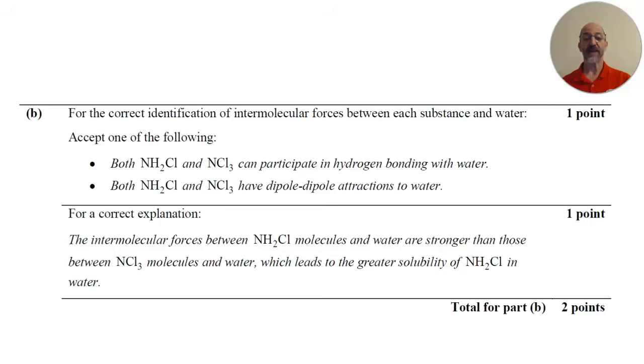And then you also had to say that the intermolecular forces between NH2Cl molecules and water are stronger than those between NCl3 molecules and water. So it had to do with the greater number of hydrogen bonding sites on the NH2Cl molecule.